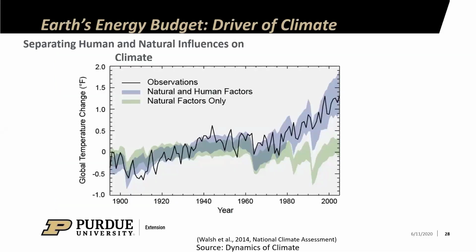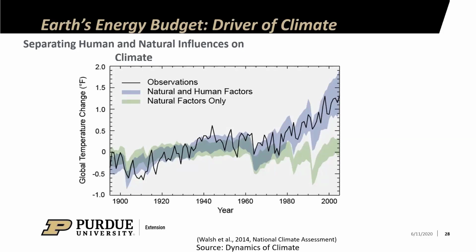Now, as we start to segue into where this consensus on climate change comes from, we have to start looking at models. And herein lies the results of one model that looked at observations of global temperature over time and factored in only the natural factors in the green there, or the natural and human anthropogenic factors in the blue.